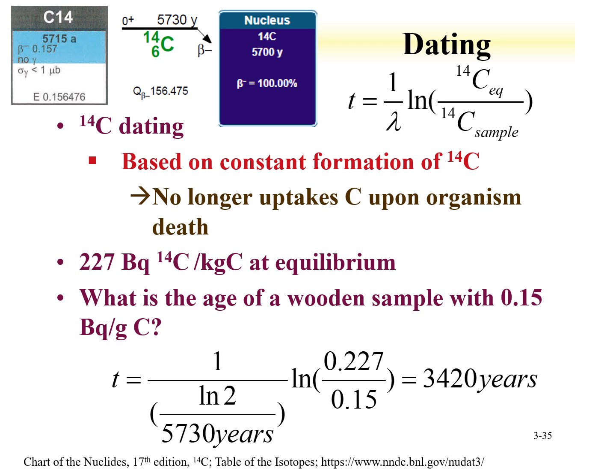There are 3 half-lives for carbon-14 shown here: 5,715 years from the chart of the nuclides, 5,730 years from the table of the isotopes, and 5,700 years from the Brookhaven website.